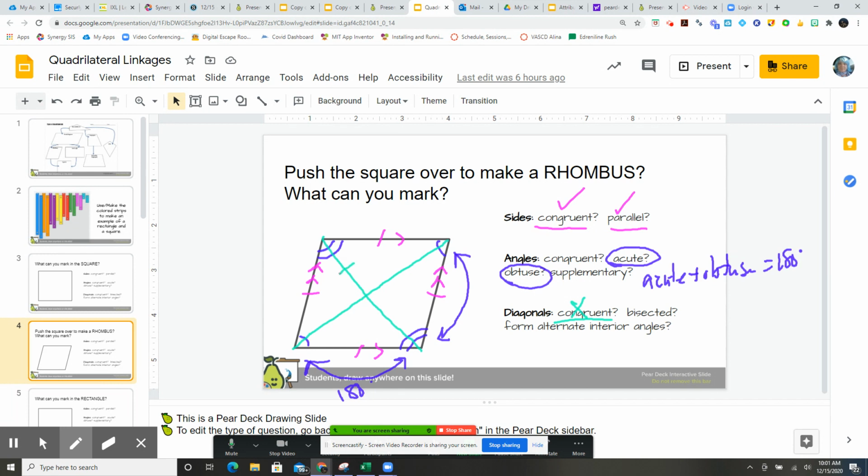I've got one short diagonal and one long diagonal, but they are still bisected. So that long diagonal is cut in half by the short diagonal, and the short diagonal is cut in half by the long diagonal. And they still form alternate interior angles.